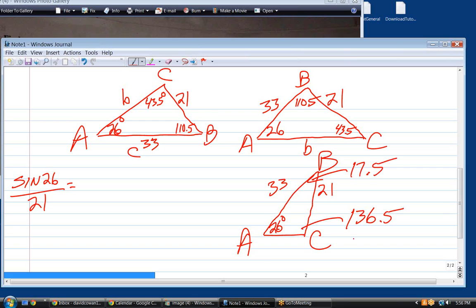17.5. Okay, and now we can solve this triangle because we have 26 opposite 21, we have 33 opposite 136, so we have all kinds of that relationship.